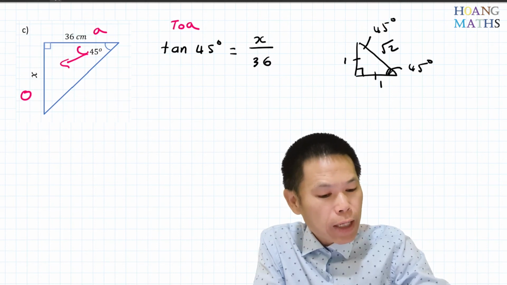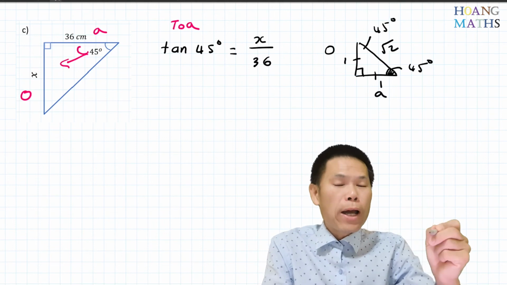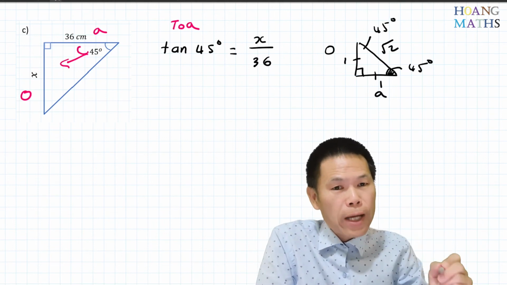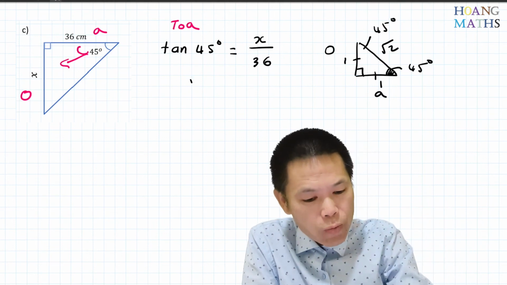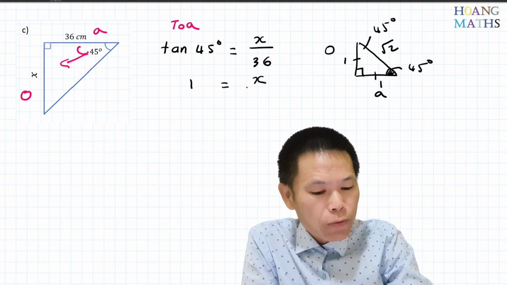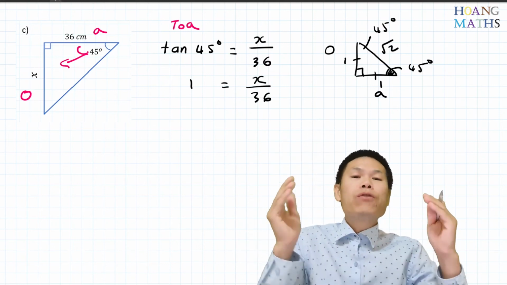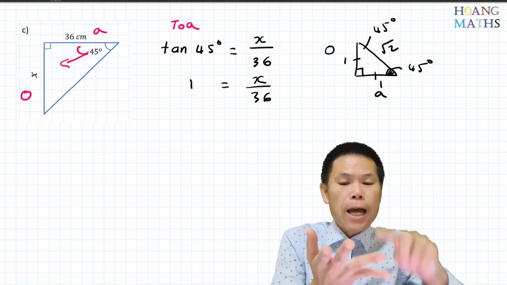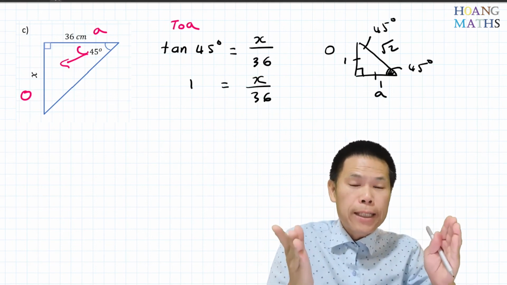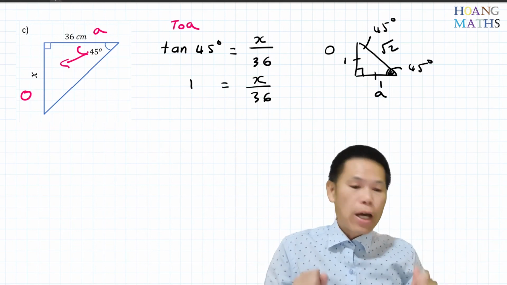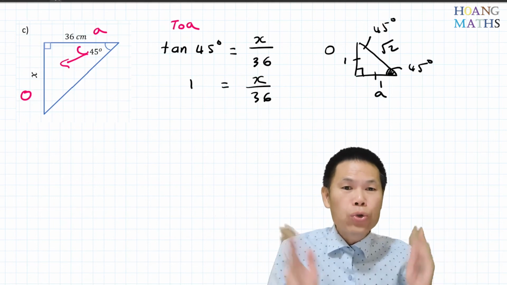So let's look at this angle here. This is opposite, this is adjacent. So 1 over 1. So tan of 45 is 1 over 1, which is 1. So 1 is equal to x over 36. Of course, if you memorize tan, sine, cos of 45, 30, and 60, it makes it easier for you. Otherwise, draw a triangle out or use calculator.